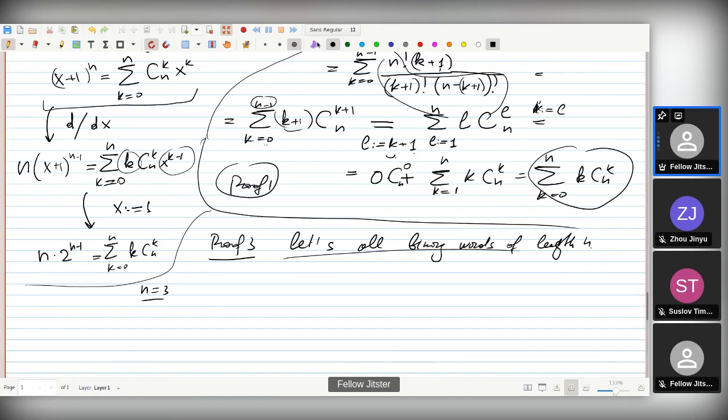Please give me all the binary words of length 3. Binary words are tuples or sequences of length n comprising zeros and ones. Which binary words do you have? Please name them. It is an ordered sequence, a tuple.